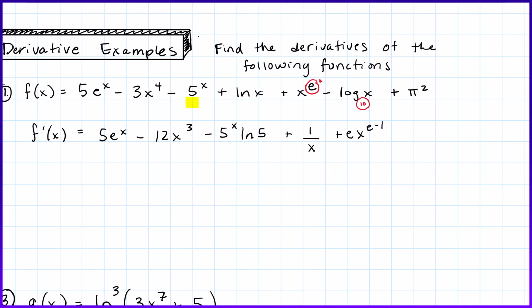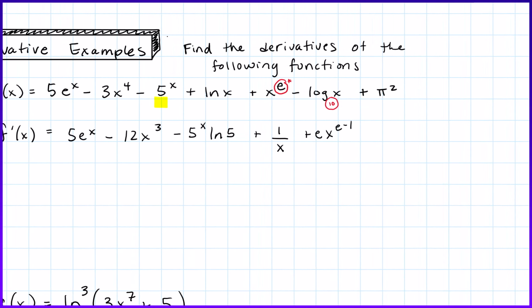This is the notation for the common log. So since this is the common log instead of the natural log, when we take the derivative, we're going to get 1 over x times the natural log of the base, so the natural log of 10.